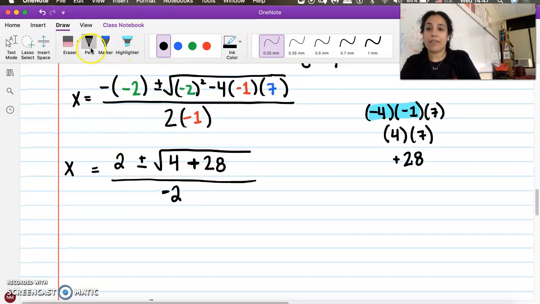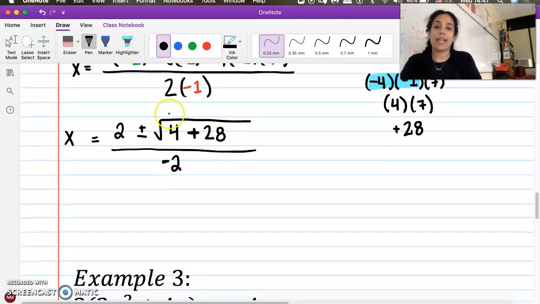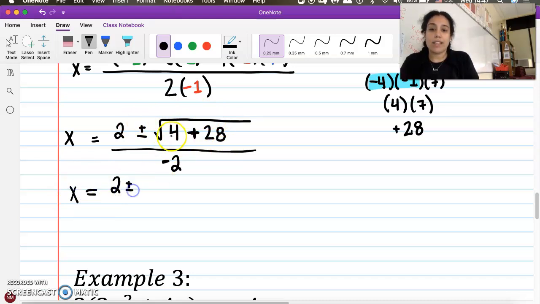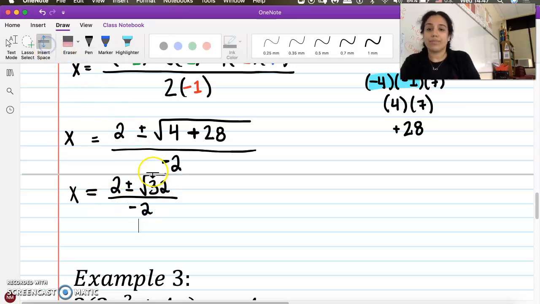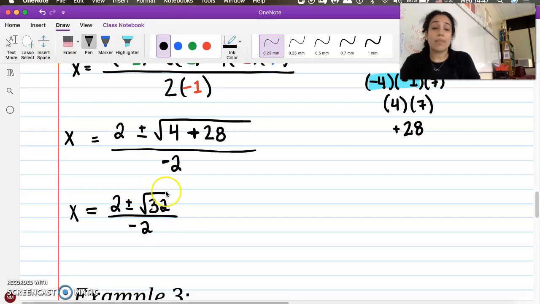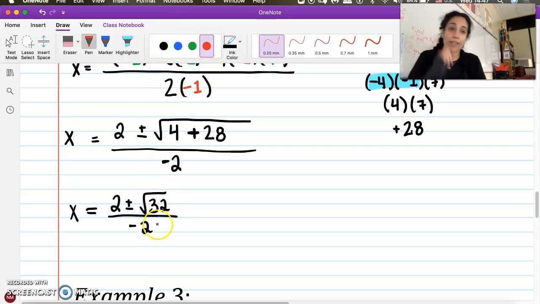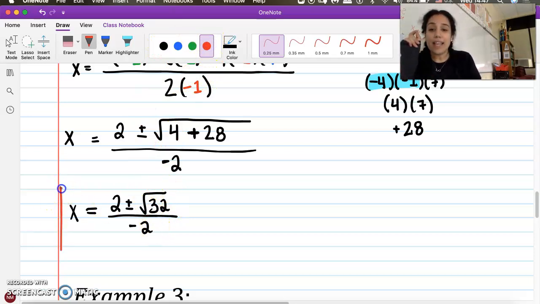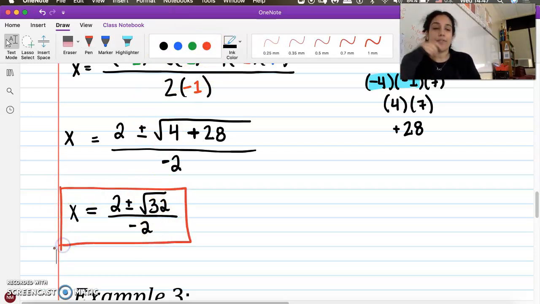And then we simplify even further. Again, we always want to get this radical down first. So we have x equals 2 plus or minus 4 plus 28 is 32, all over -2. Now, we're going to simplify this, but let me make one thing very clear. If this cannot be simplified any further, that's your final answer.